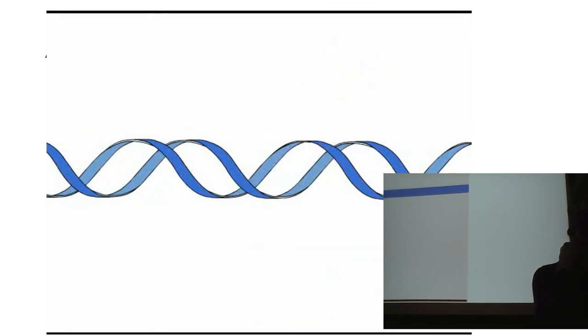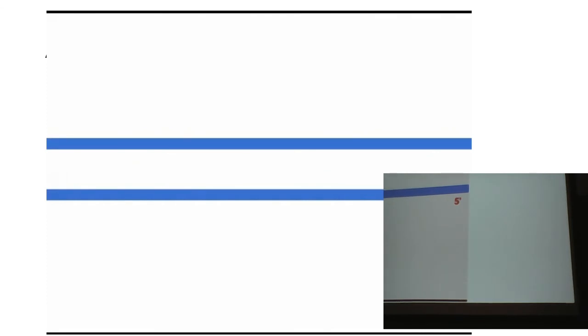In the cell, DNA replication is a little more complicated, but the principle is the same. For clarity, we have untwisted the double helix. Remember that each DNA strand has a 3' and 5' end, and the strands run in opposite directions.